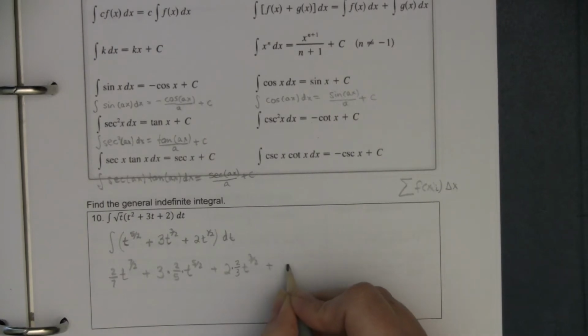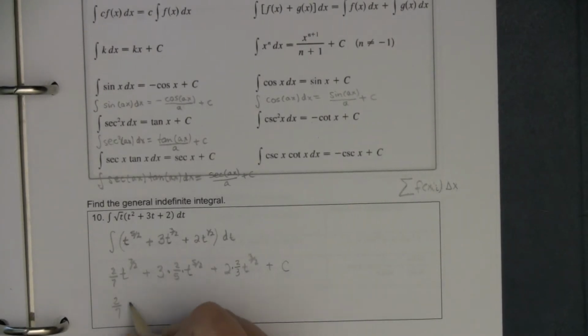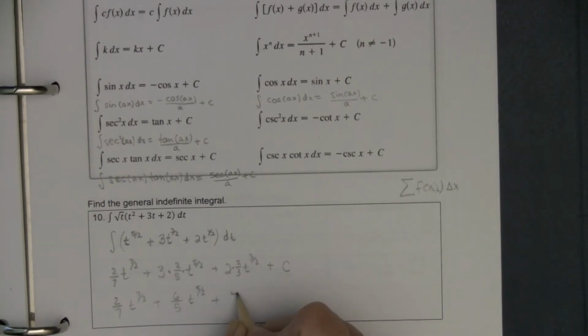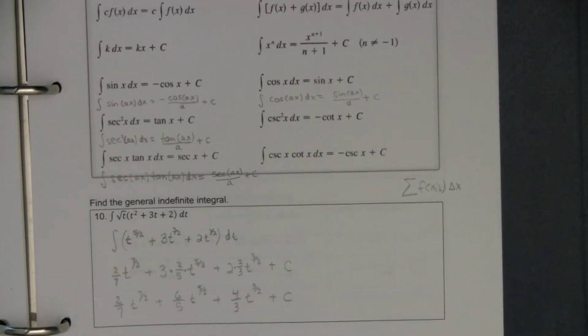Then plus a constant, because I want the general antiderivative, the general indefinite integral. Then I just make this look a tiny bit nicer: 2/7 t to the 7 halves, plus 6/5 t to the 5 halves, plus 4/3 t to the 3 halves, plus c. And there we did that one. And we did a lovely job at it.